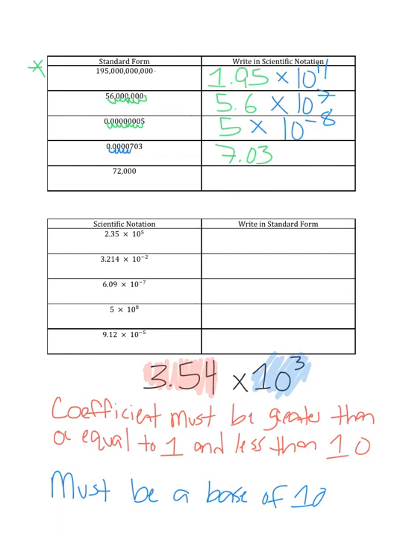So I know it has that 0 within that place value, but it is a number in between 1 and 10. So we have 7.03. And think about how many times you move that decimal point over. We moved it to the right, so we know we're dealing with a negative exponent. And count in this case, 1, 2, 3, 4, it looks like 5 times. 7.03 times 10 to the negative 5th.